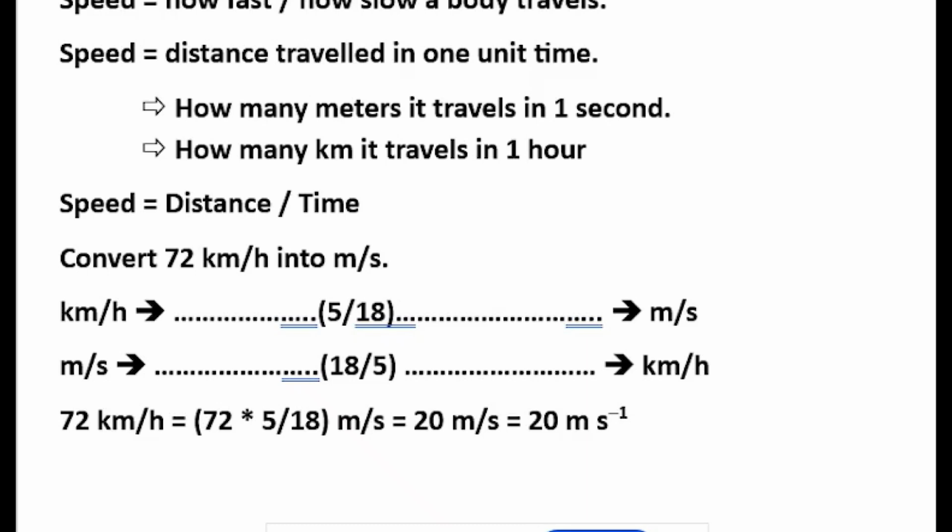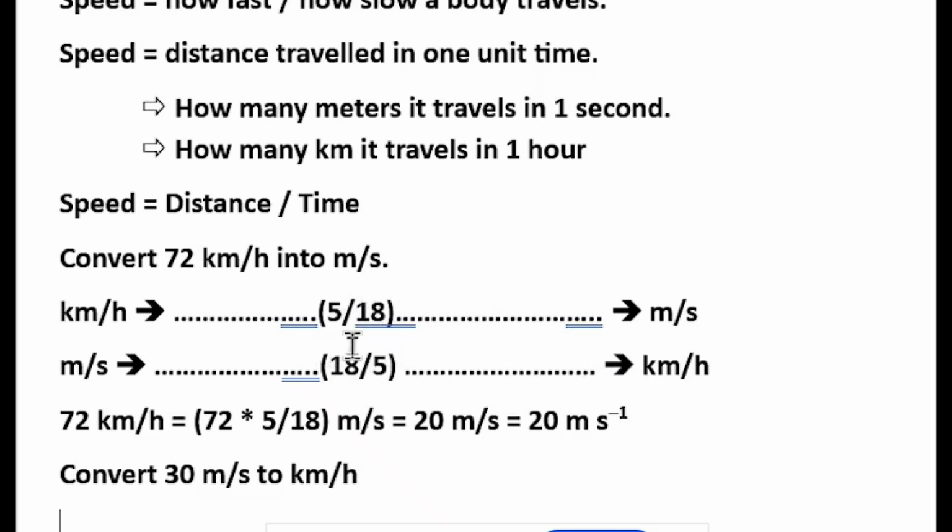For instance, convert, say, 30 meters per second to kilometers per hour. So now it is meters per second to kilometers per hour, not 5 by 18, 18 by 5.